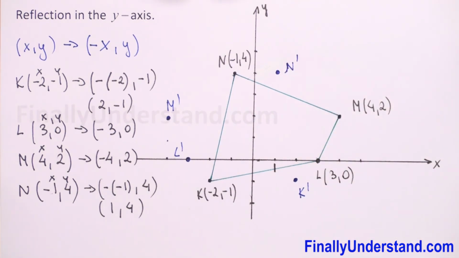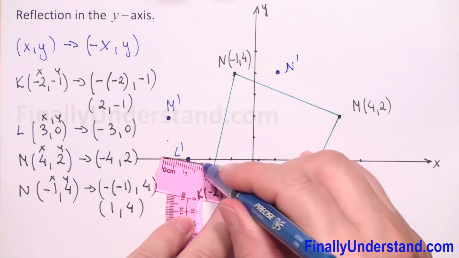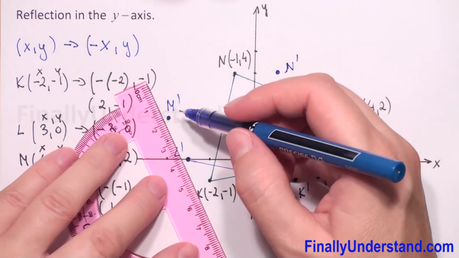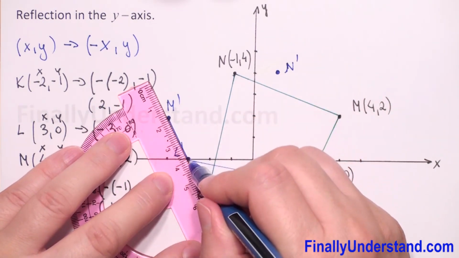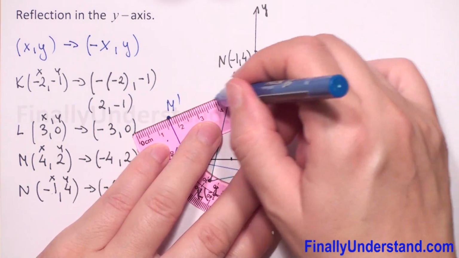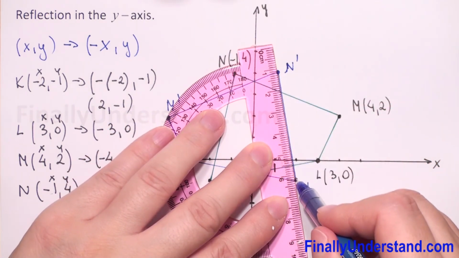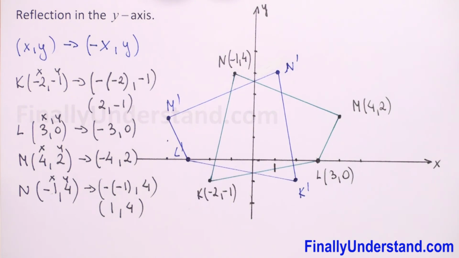Now we have to connect these 4 points: K, L, K prime, L prime, L prime, M prime, and M prime and N prime, N prime and K prime. So we see that we found the transformation of our quadrilateral in reflection in the y-axis. So this is my solution.